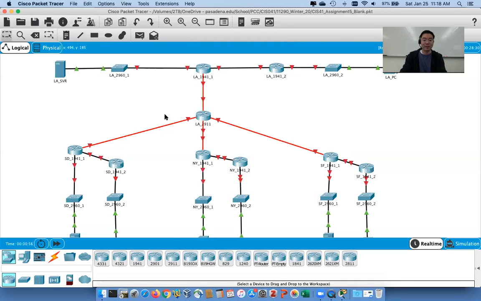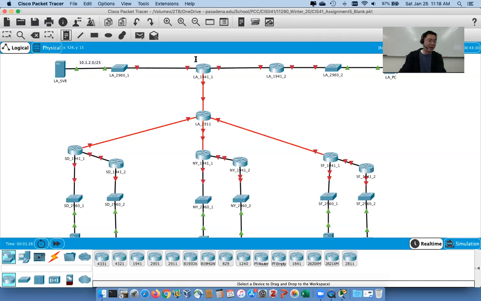All right, so here's our blank topology. So over on this side, we're just going to copy this down: 10.1.2.0/25. Okay.